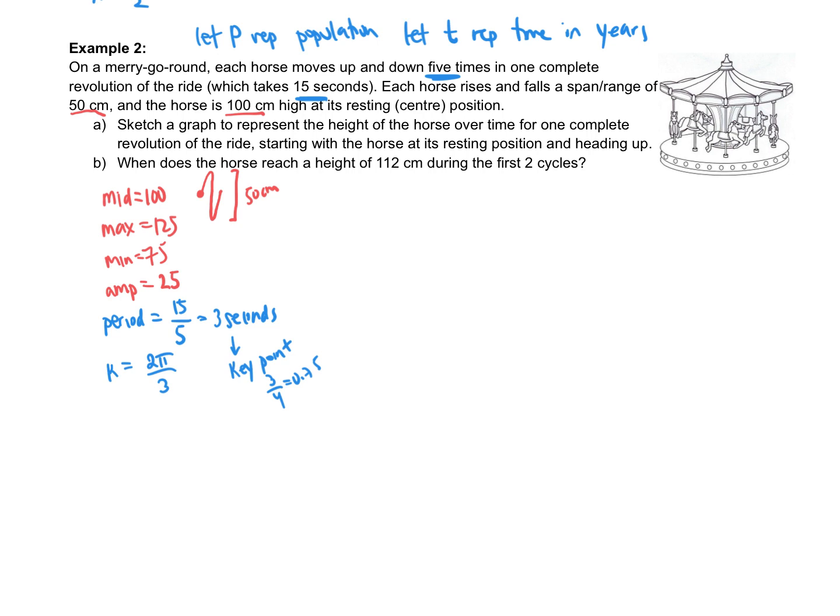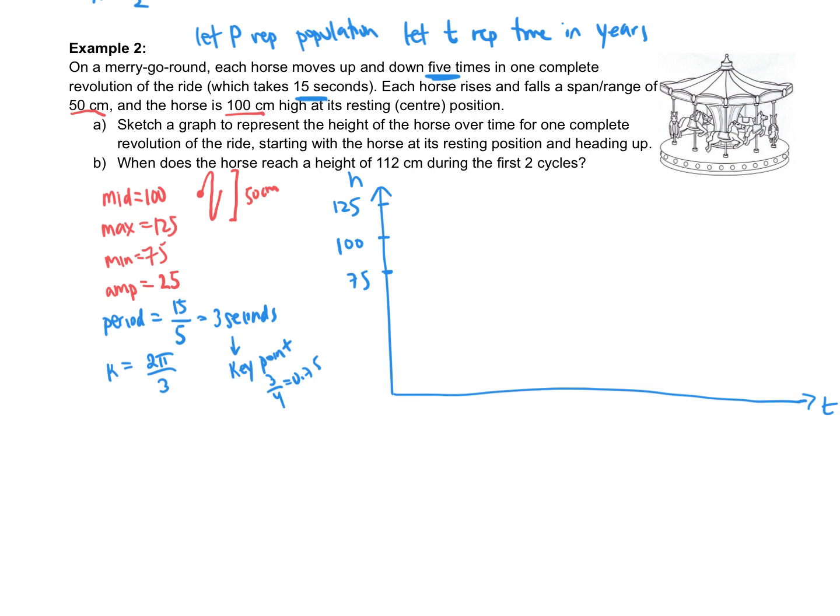So let's draw a sketch so that we can create our equation. So t for time, h for height. I'll write my let statements in a second. The midline is at 100, so I'll put that there. The maximum is 125, and the minimum is at 75.